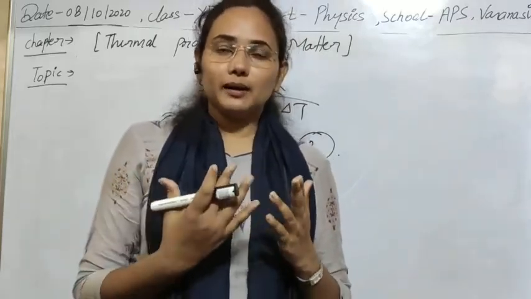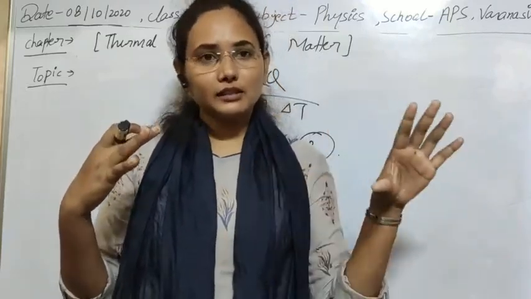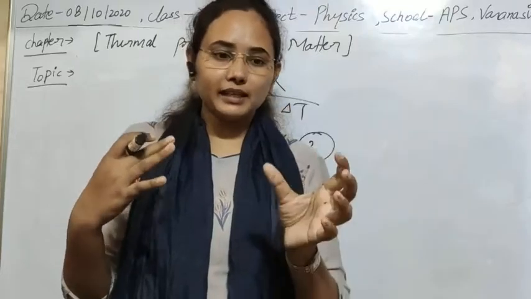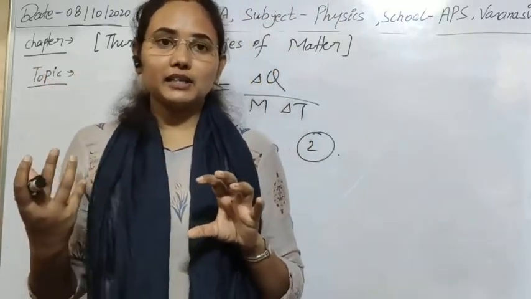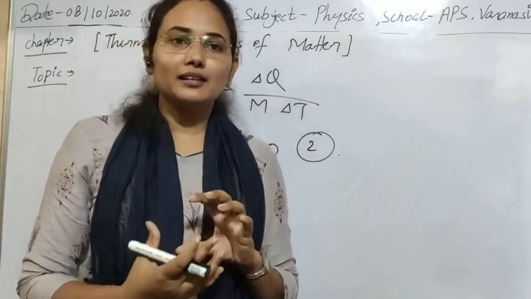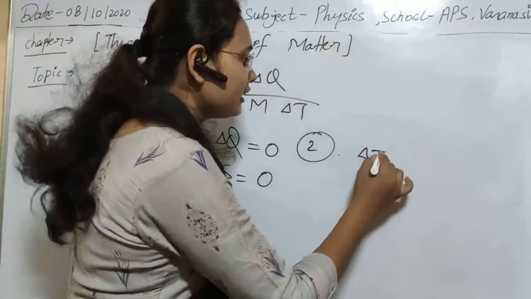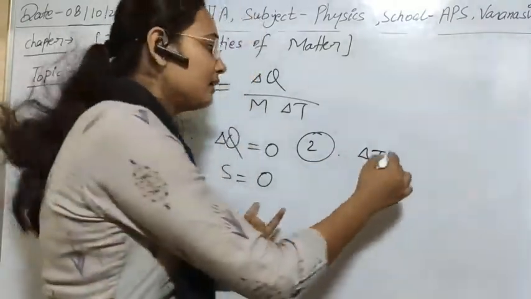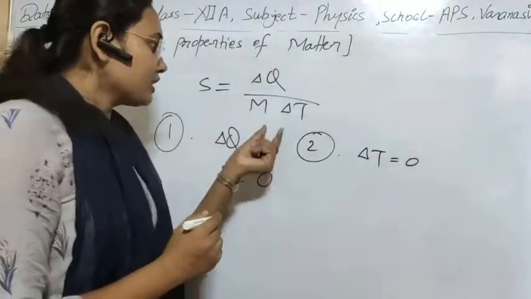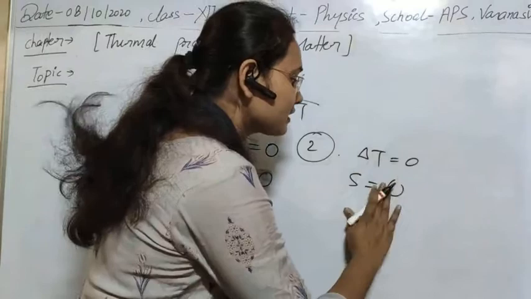So if there is equal expansion of the gas with the heat supplied, meaning we are supplying heat and the gas is expanded, then definitely there will be no net rise in temperature. So in this case, if we heat the gas and also allow it to expand, then delta T will be 0. Obviously, if delta T is 0, then what will be the molar specific heat of the gas in this condition?